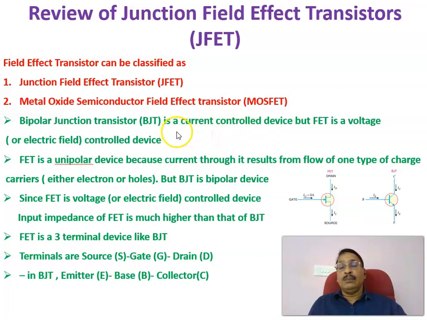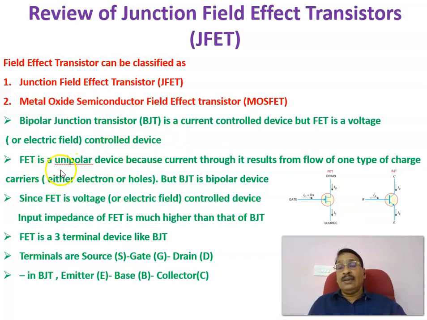That is, by the input base current, you can vary the resistance between collector and emitter. Therefore, it is a current control device. But FET is a voltage control device, or the electric field is being controlled. That is one difference between BJT and FET. FET is a voltage control device, BJT is a current control device.